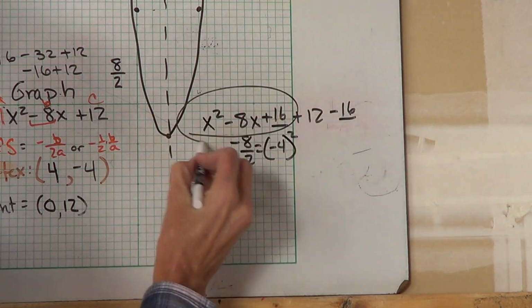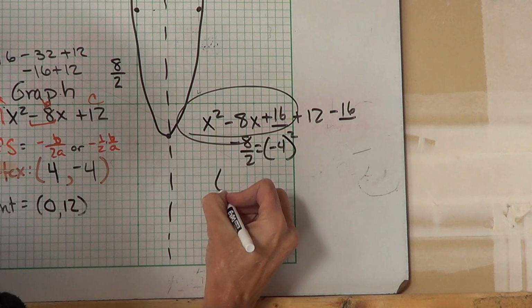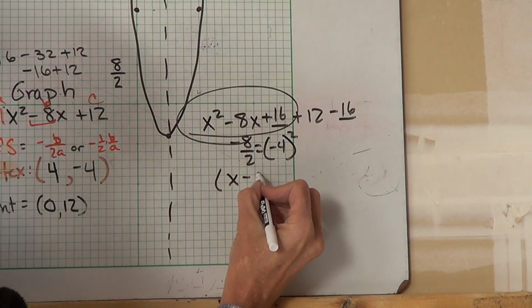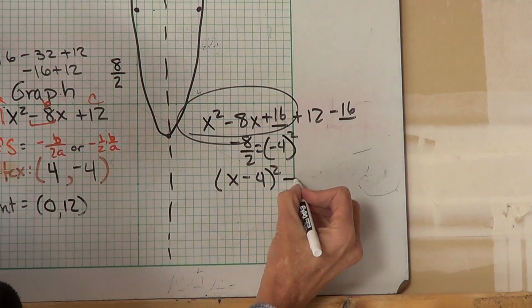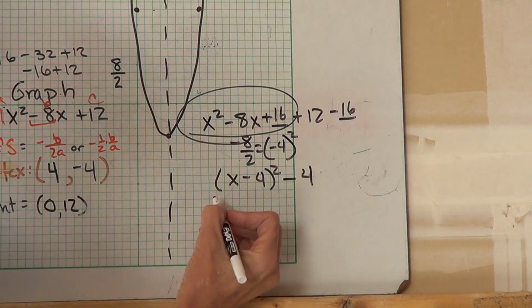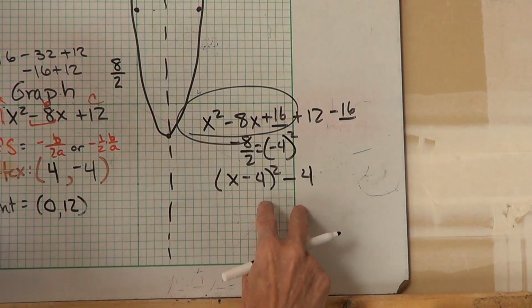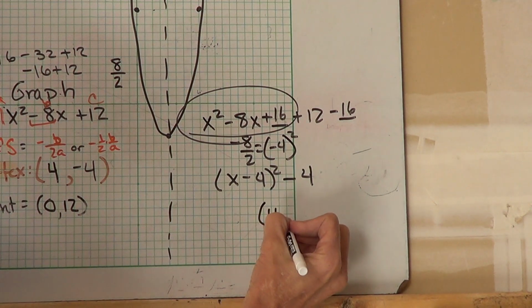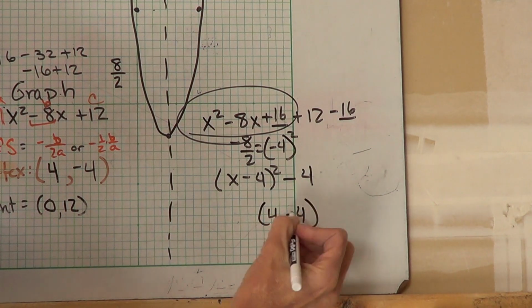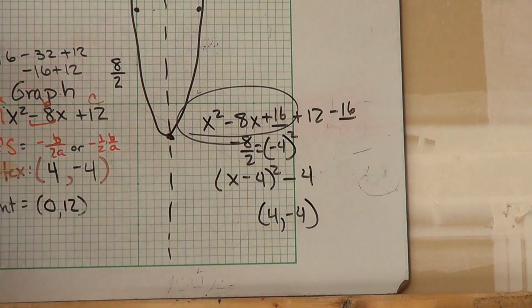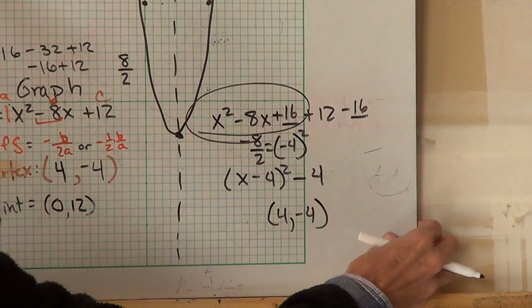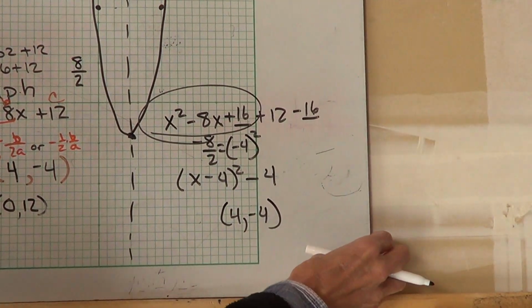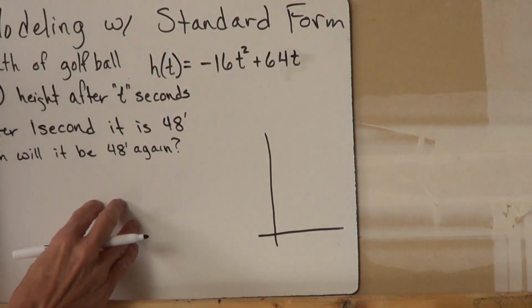Now this all goes into this x minus 4 squared. 12 minus 16 is minus 4. And so that's my vertex, is 4, negative 4. That's exactly what I just got. And now they're set up right there. Okay? So that's how you graph them. Go back to HK or vertex form in graphing if that was a little too fast.